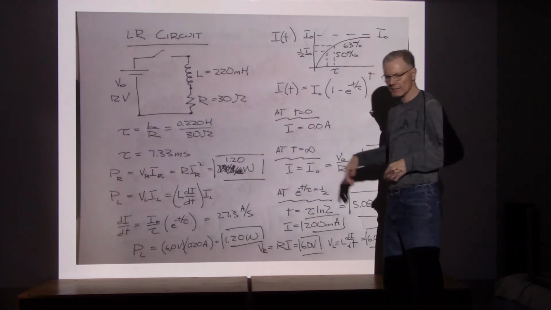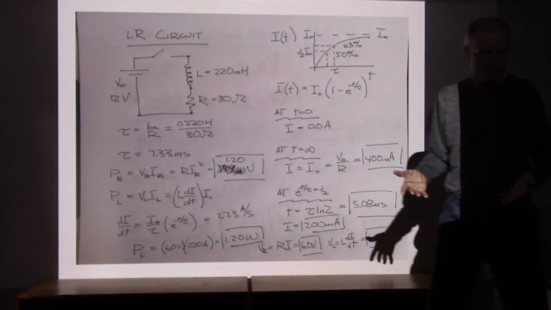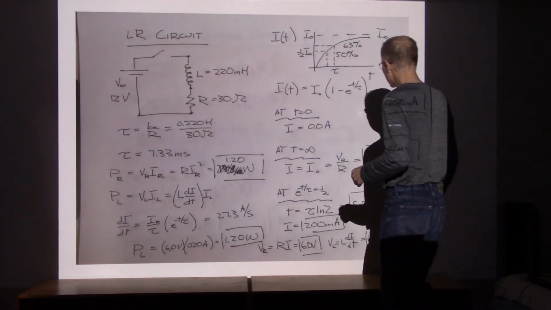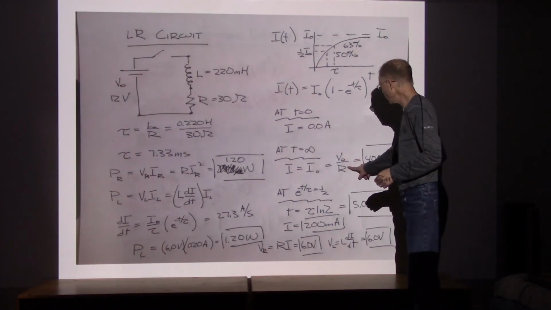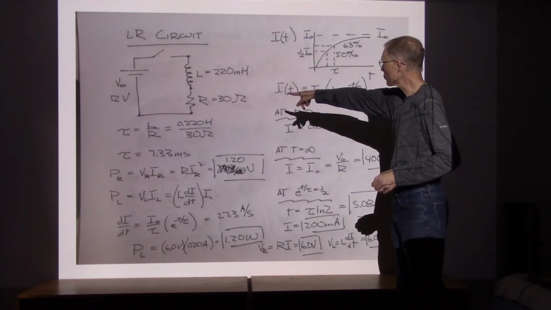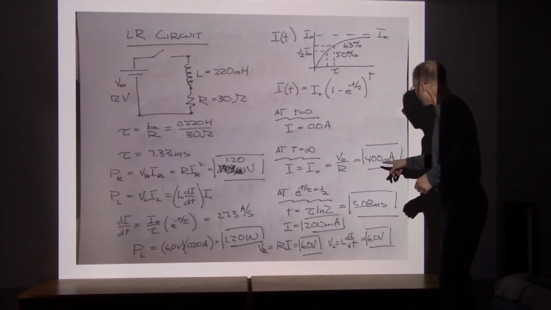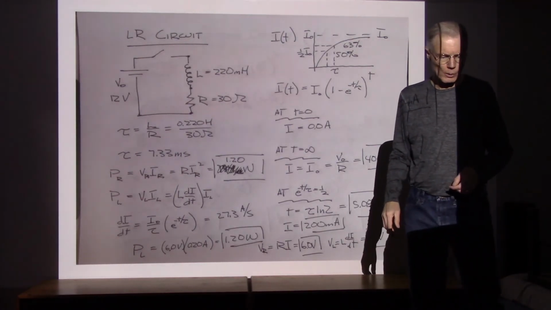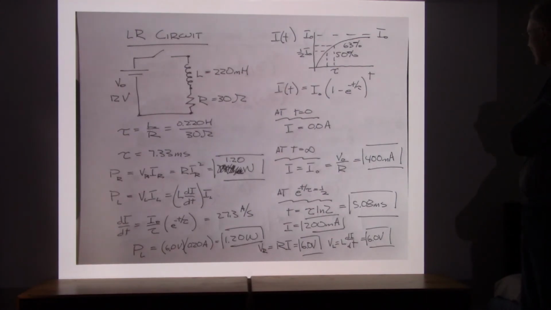What is the maximum current that this circuit will eventually reach? The maximum current is going to be given by V naught over R. That's 12 volts divided by 30 ohms. And that worked out to be 400 milliamps. So that's the amount of current eventually that will be running through this circuit.